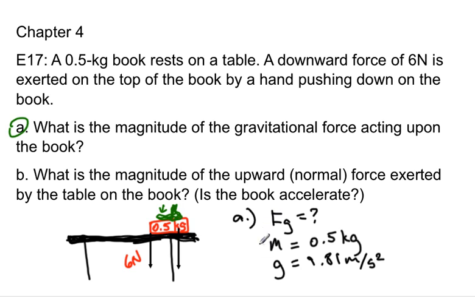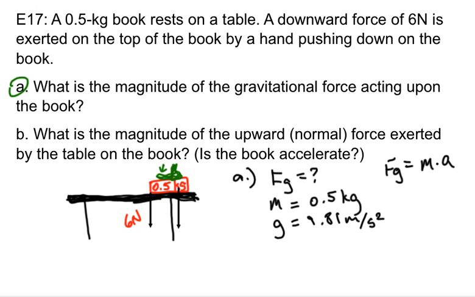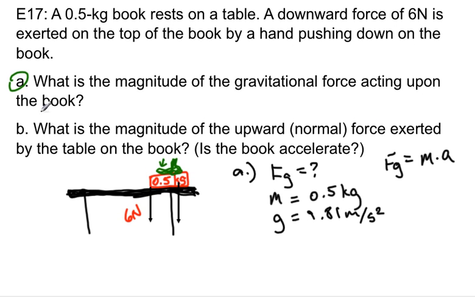Okay, so we have two variables. We're looking for the third, and that's all we have in the equation, so we can just solve for the force of gravity. We did not care about the 6 newtons. That's not the force of gravity, that's the hand pushing down. We have multiple forces acting here. So let's work on B.